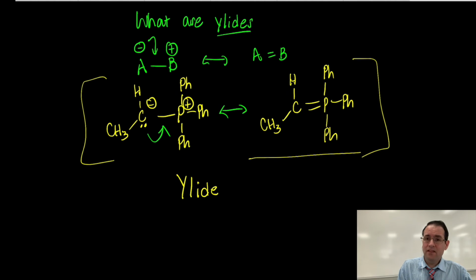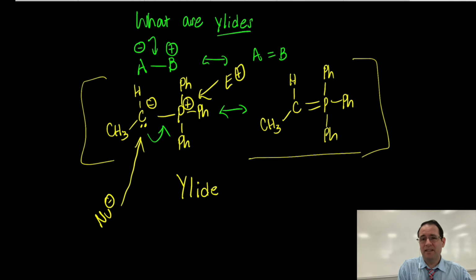So this is going to be the thing that attacks, okay? If you have a carbanion, this is a carbon nucleophile, that's a negative charge on that carbon, that's the thing that's going to be attacking. So this is going to be your nucleophile. And remember that positive charges are generally electrophiles, right? This is an electrophile.